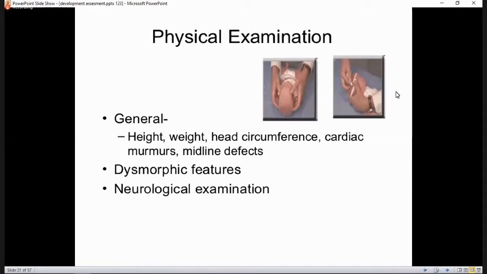Suppose you are sitting not in Pakistan, but in some developed country. There you don't get patients. You do it with dummies. You learn with videos. So we are very lucky people.